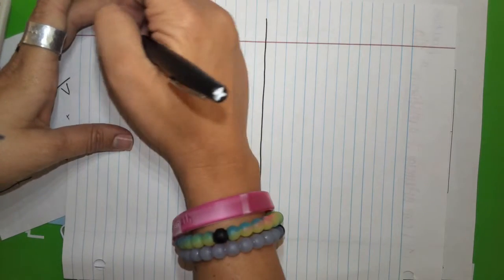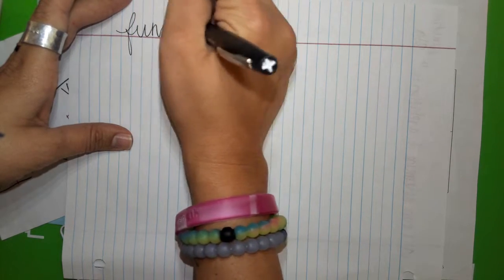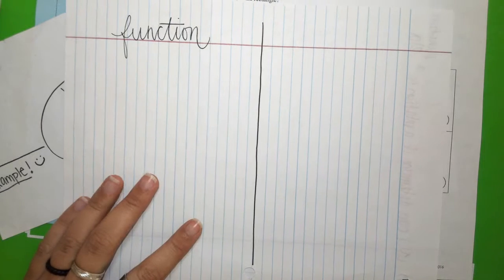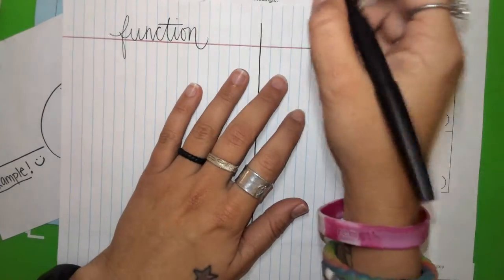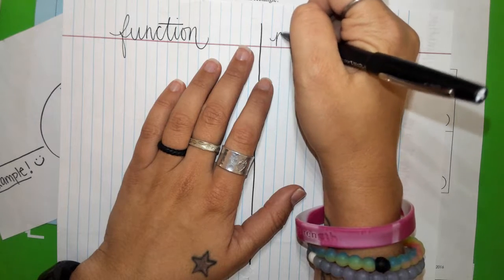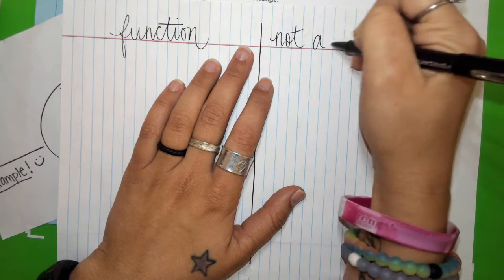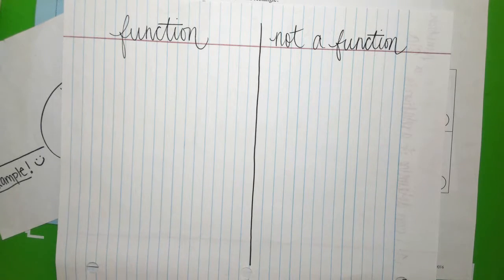On the left, I want you to write function. And on the right, what do you think you're going to write? Not a function. Thank you, Landon, for being alive. Does everybody have one of these papers? Okay, Slytherin, I need you to pass across the room.